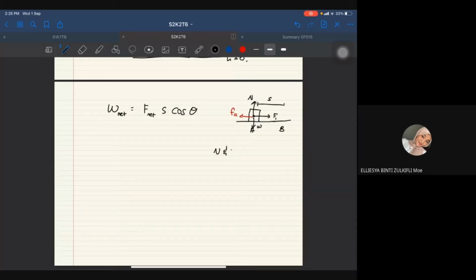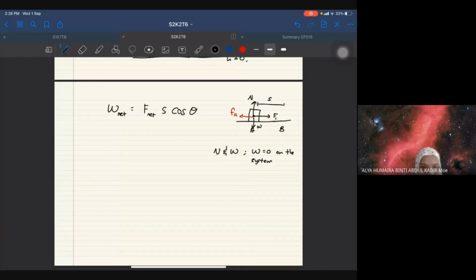N and W, work is equals to 0. Okay, do you guys agree with this statement or not? Agree. Agree. Agree. Okay, sebab apa?